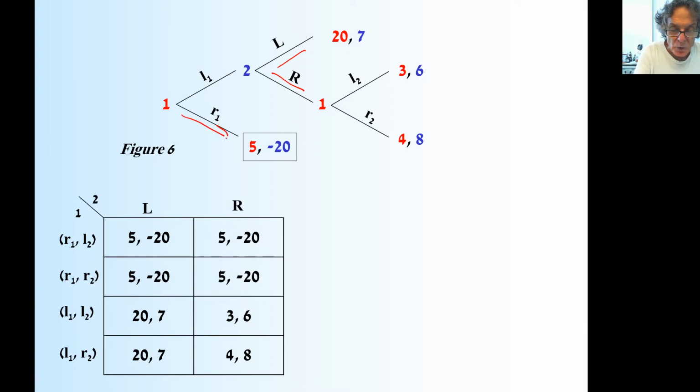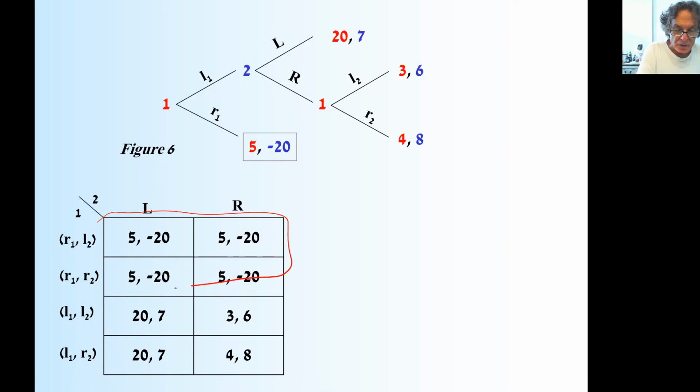One of them is R1 and left 2. The other one is R1 and R2. The other one is left 1 and left 2. And left 1 and R2. So there are 4 strategies, only 2 for the player, and I can write them.